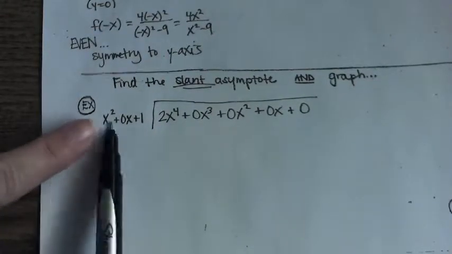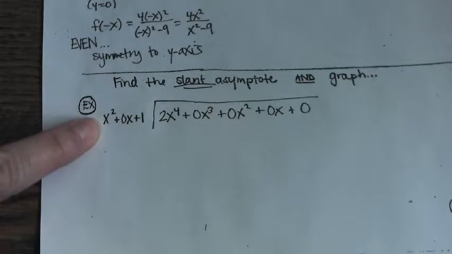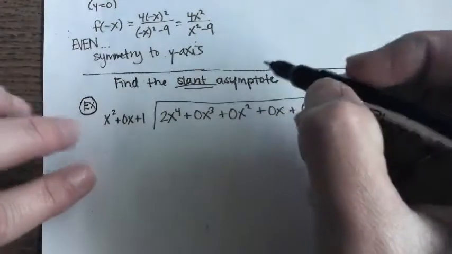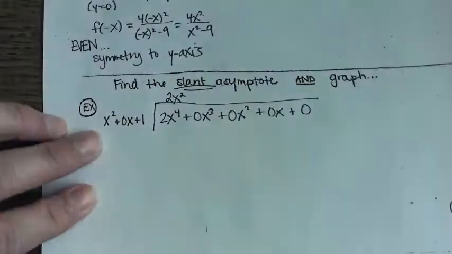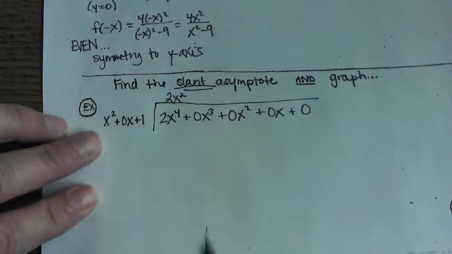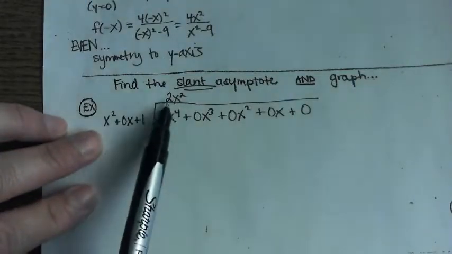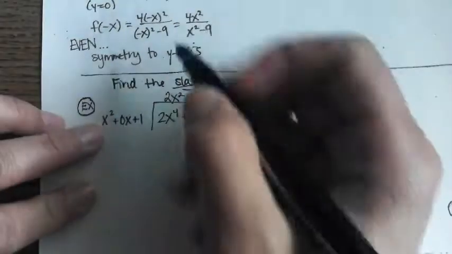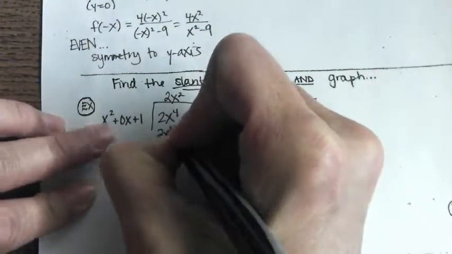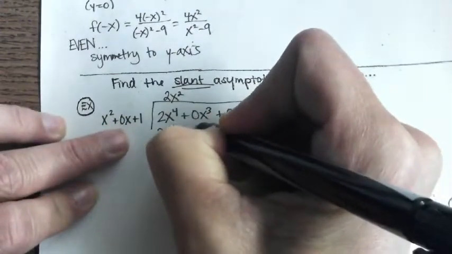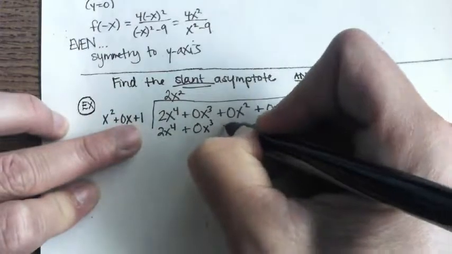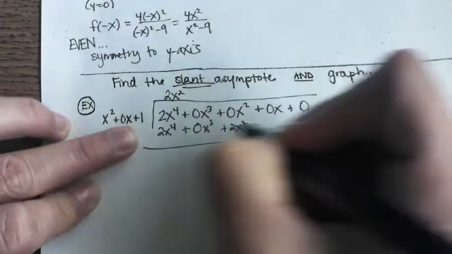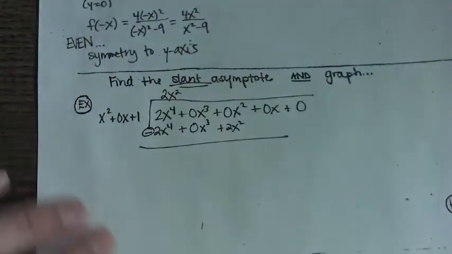X squared times what is 2x to the 4th? Oh, this one's even more fun. 2x squared times x squared is 2x to the 4th. I lied, it's not going to be a linear. Maybe that's why they don't call them linear asymptotes. We do our subtraction.